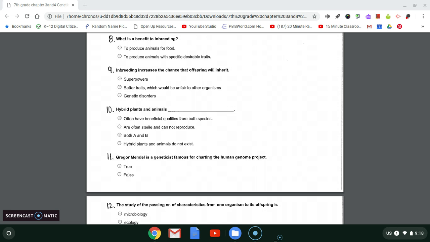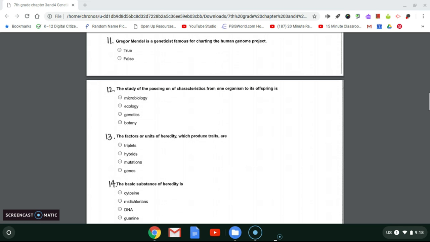Number 10. Hybrid plants and animals often have beneficial qualities from both species, are often sterile and cannot reproduce, both A and B, or hybrid plants and animals do not exist. Number 11.